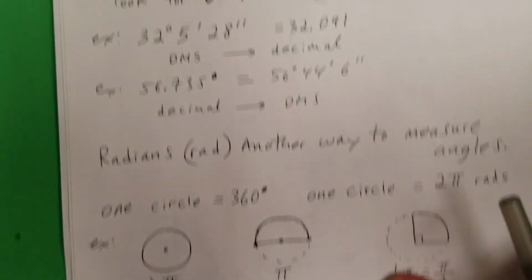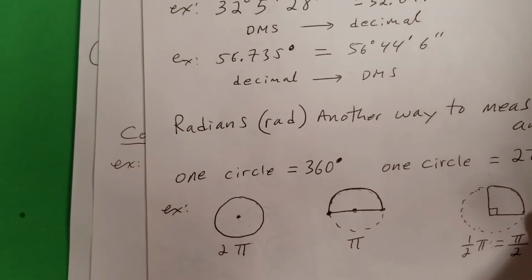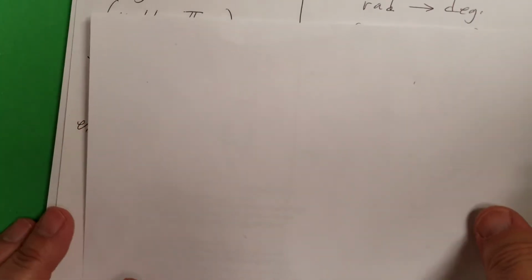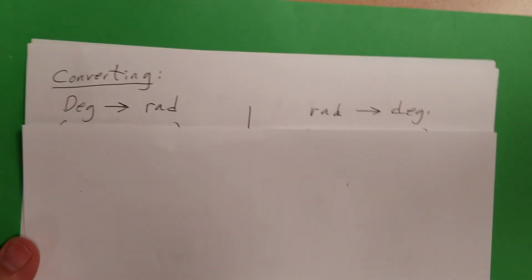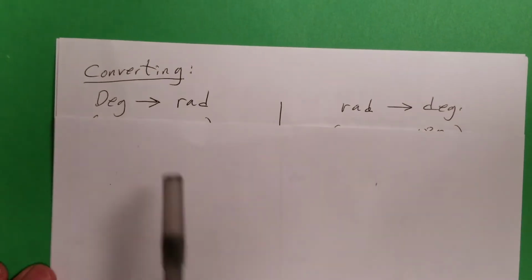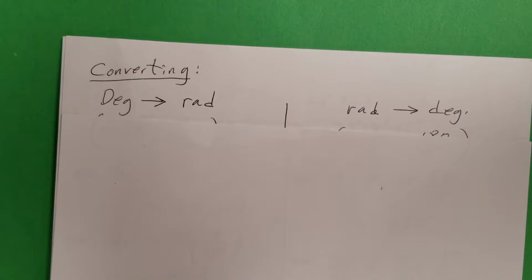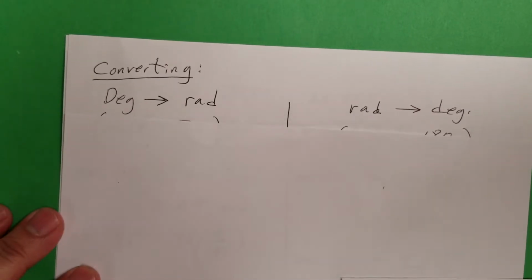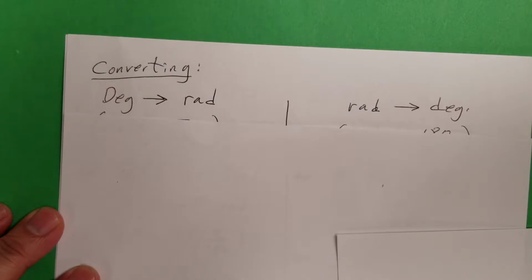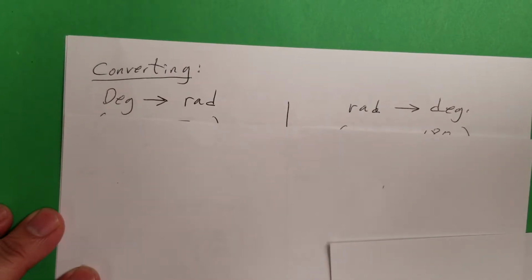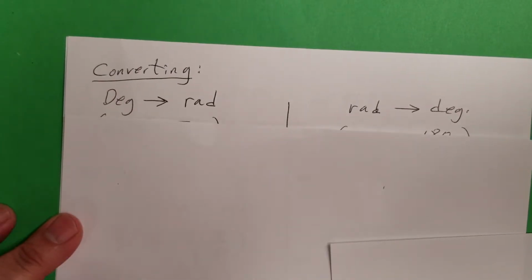Let's talk about how, in general, to switch back and forth, converting from degrees to radians or from radians to degrees. Some of the easy ones you should memorize, like the three we just did: full circle is 2 pi, half circle is pi, and 90 degrees is pi over 2.